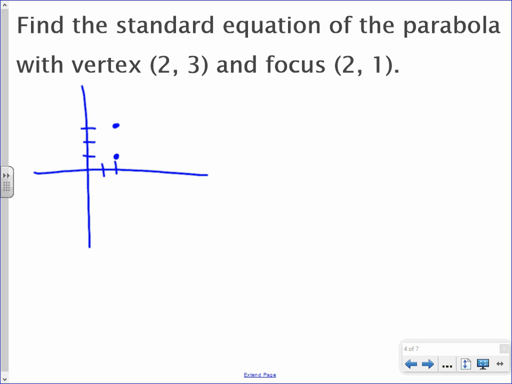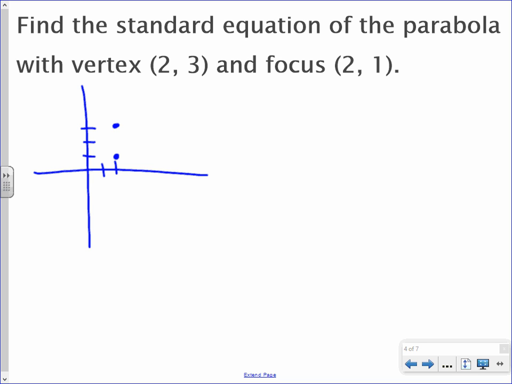Okay, I have some people that missed a very important piece of this, and I feel it's because they didn't actually plot the points and they couldn't visualize what's happening. In what direction will this open? Down.